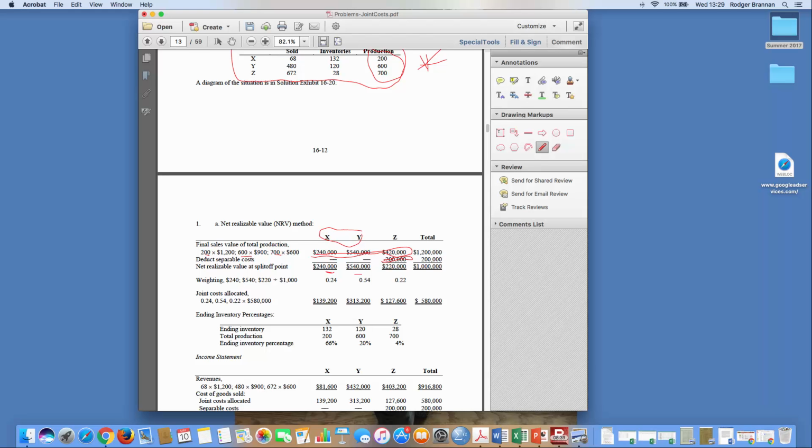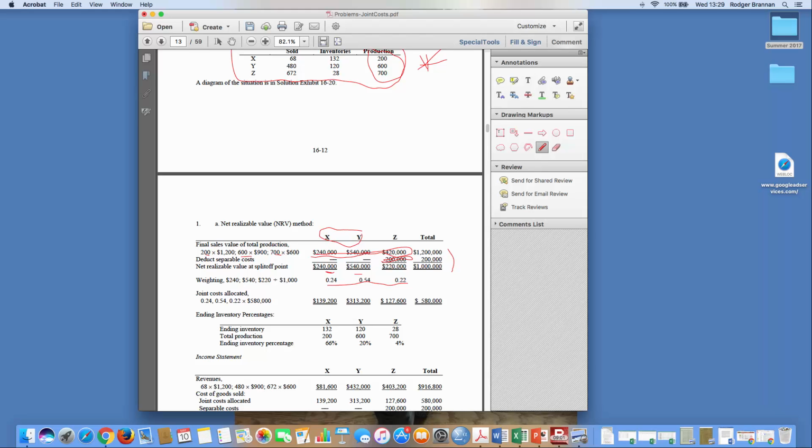For Z, it's the sales value minus the separable cost, or 220. So again, if I'm looking at the company as a whole, the net realizable value for the company as a whole is $1 million. And so you get these respective percentages, 24, 54, and 22%.